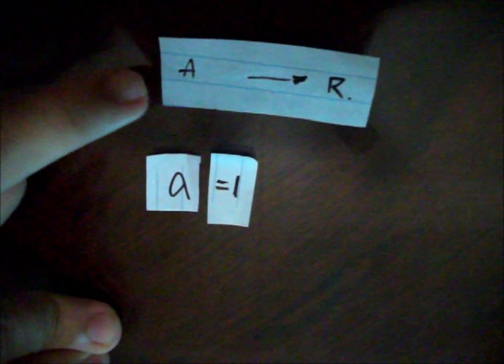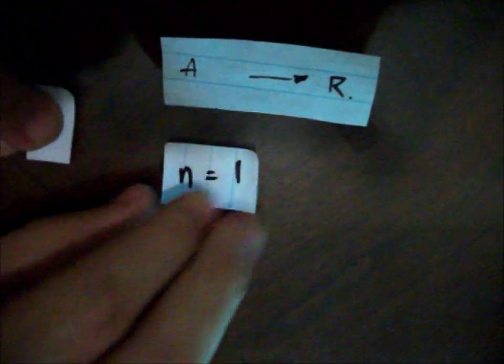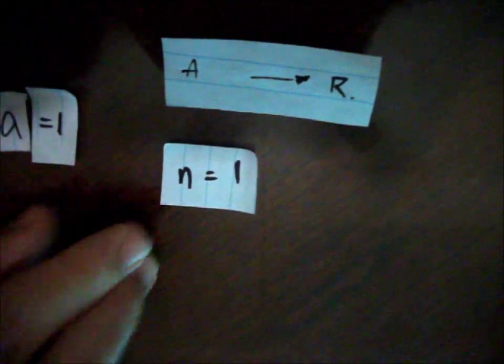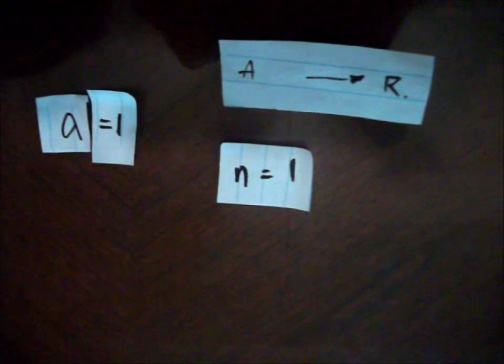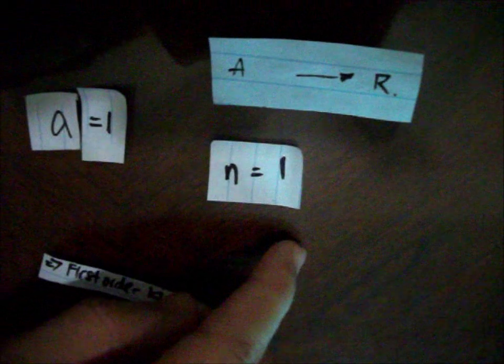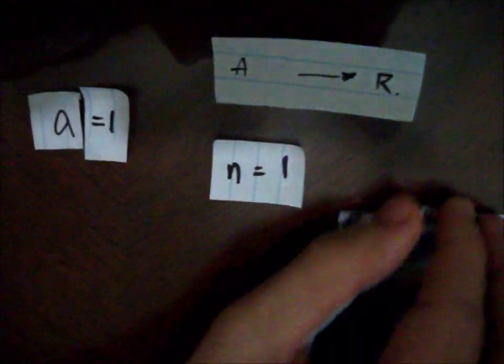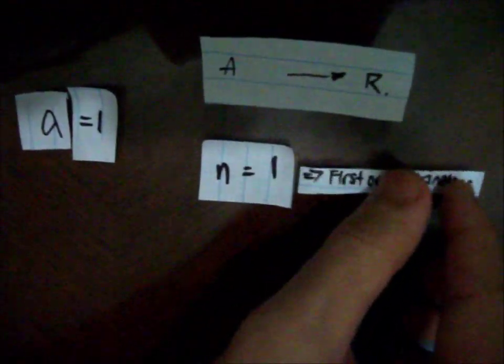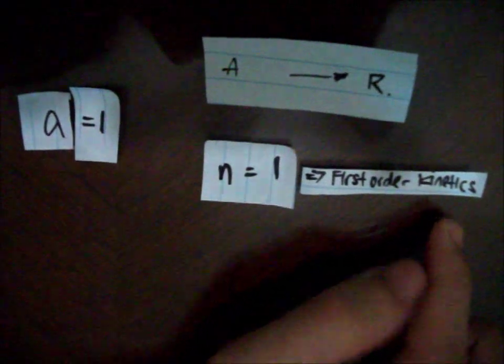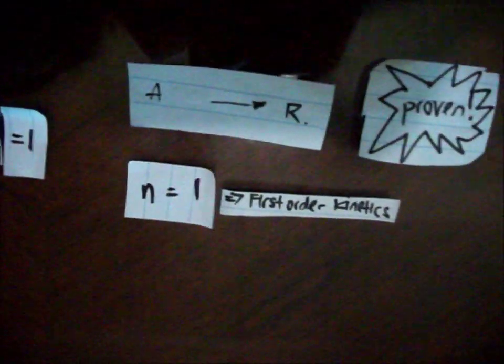Since there is no reactant B, we can conclude that the overall order of reaction is 1. We mentioned that when the overall order of reaction is equal to 1, the equation has first order kinetics, which means we have proven it.